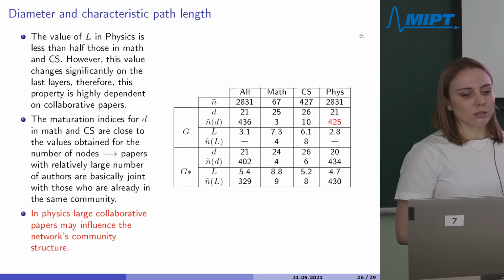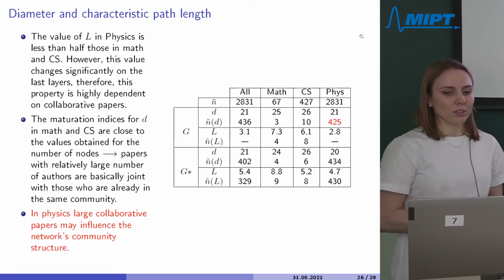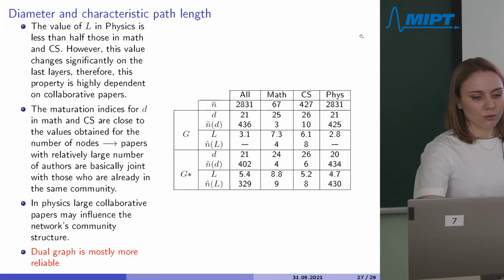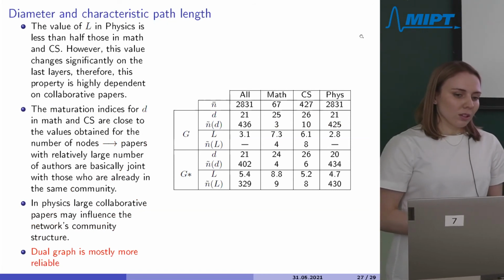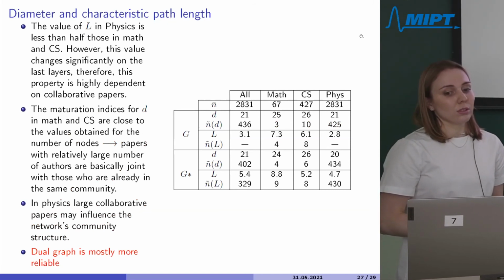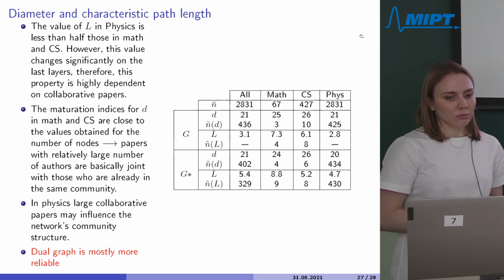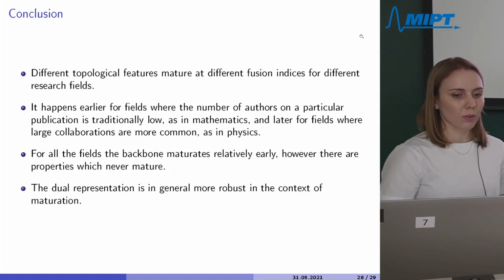And the last point is, as already noted, that in physics, large collaborative papers may influence the network's structure. And in this case, the dual graph is also mostly more reliable, as we already spoke about.